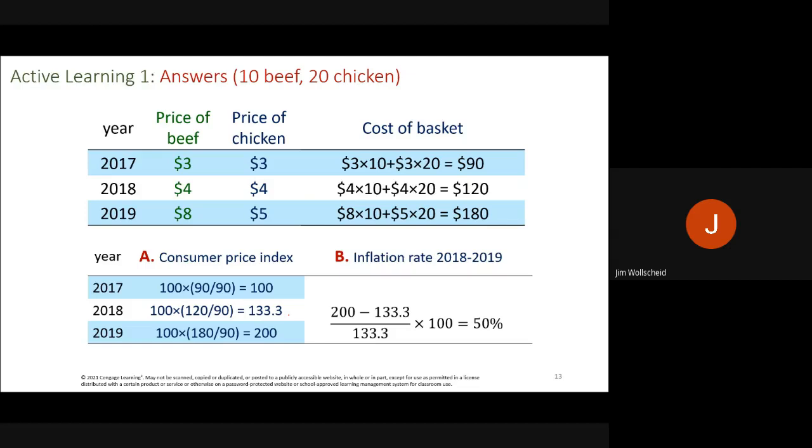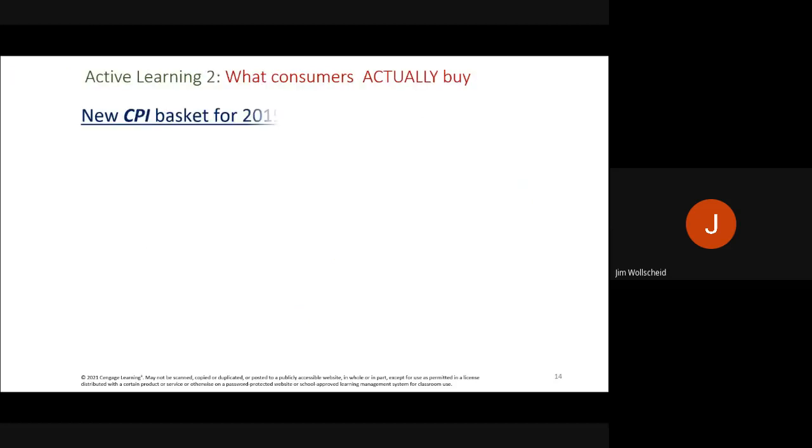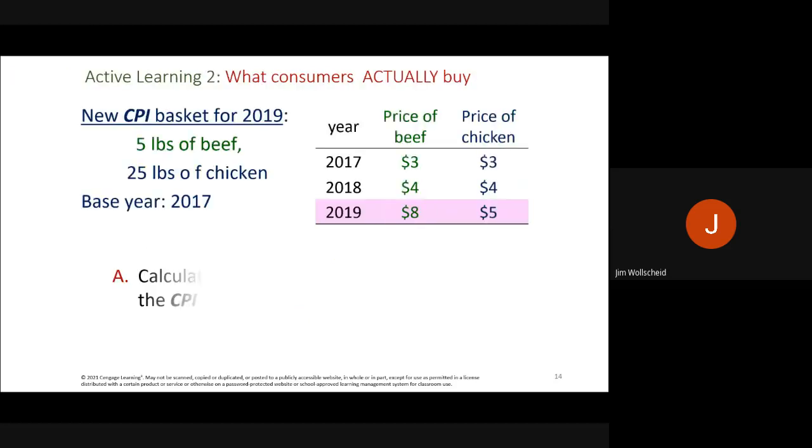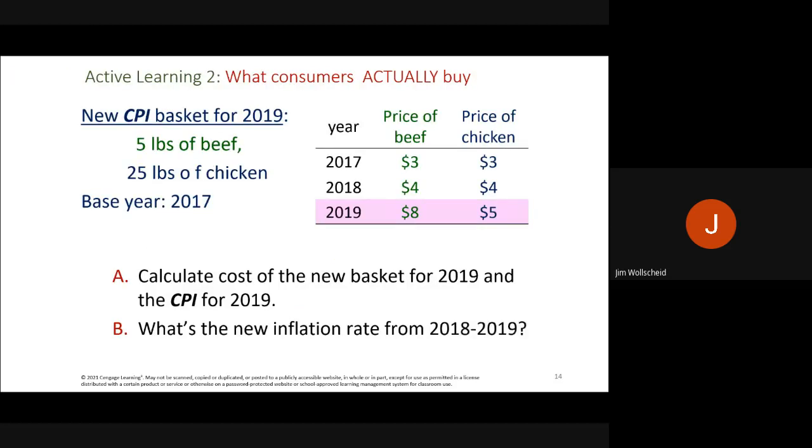All right, so there's a second part to this. If we think about this basket, if we think about how people behave, what do we notice in 2019? Well, we noticed in 2019 the price of beef skyrocketed. The price of chicken barely went up.